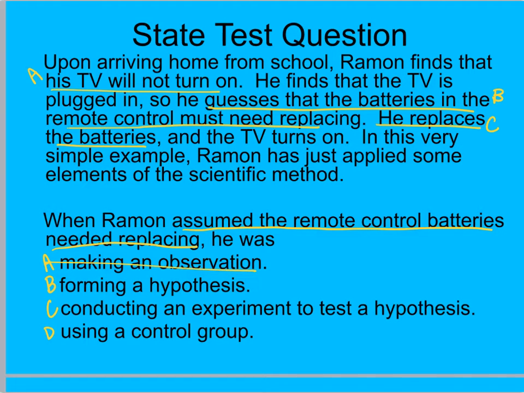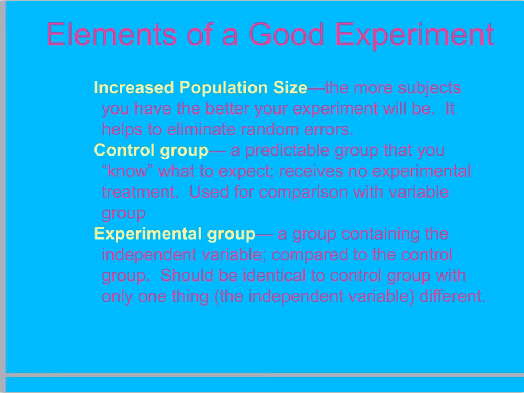He did not have a control group, so it cannot be D. So when he assumed the remote control batteries needed replacing, that was his guess, that was forming the hypothesis.